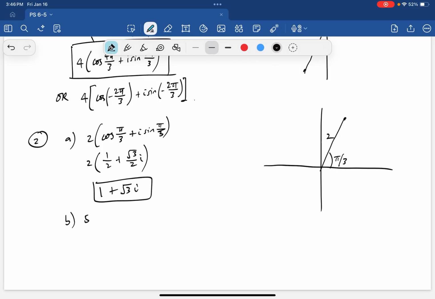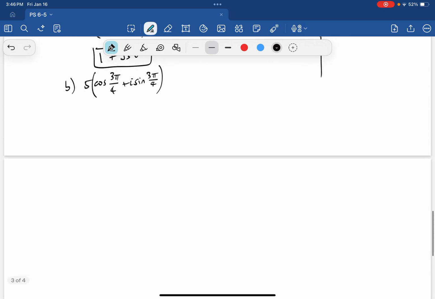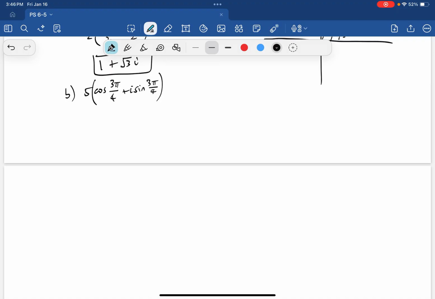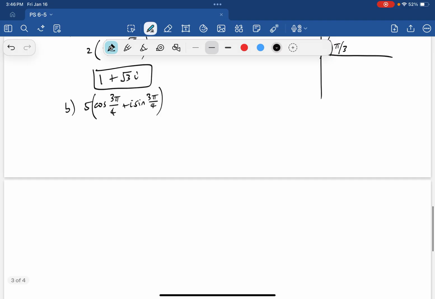Then we have 5 cosine 3 pi over 4 plus I sine 3 pi over 4. There's the plot there. We know the radius and the angle.